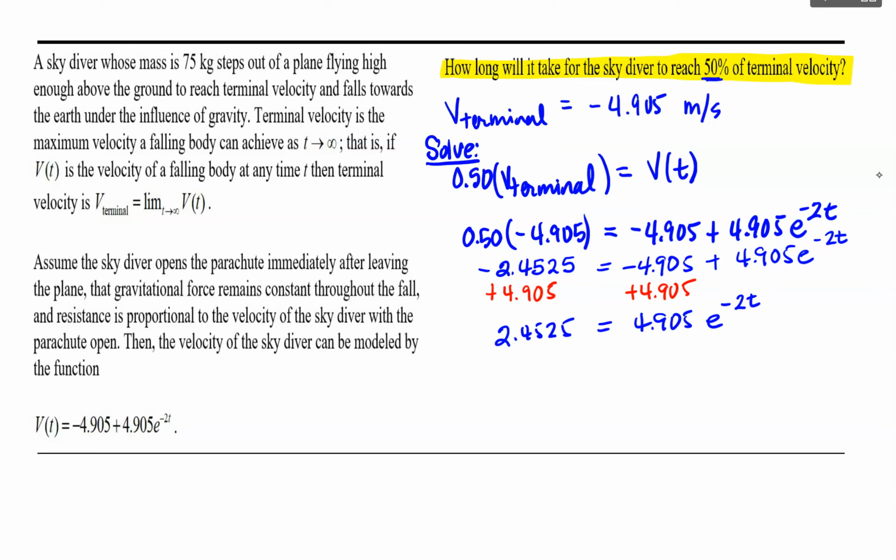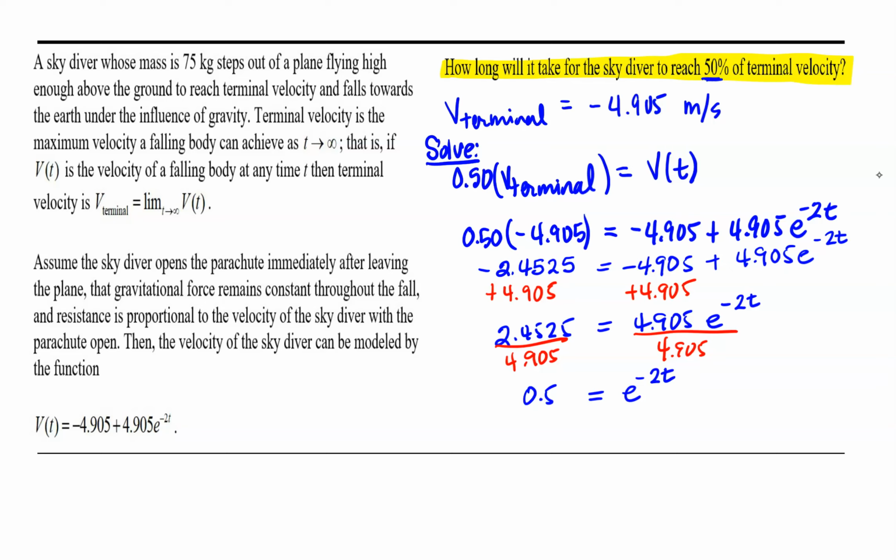Now dividing by 4.905 on both sides of our equation, we end up with 0.5 equals e to the negative 2t.